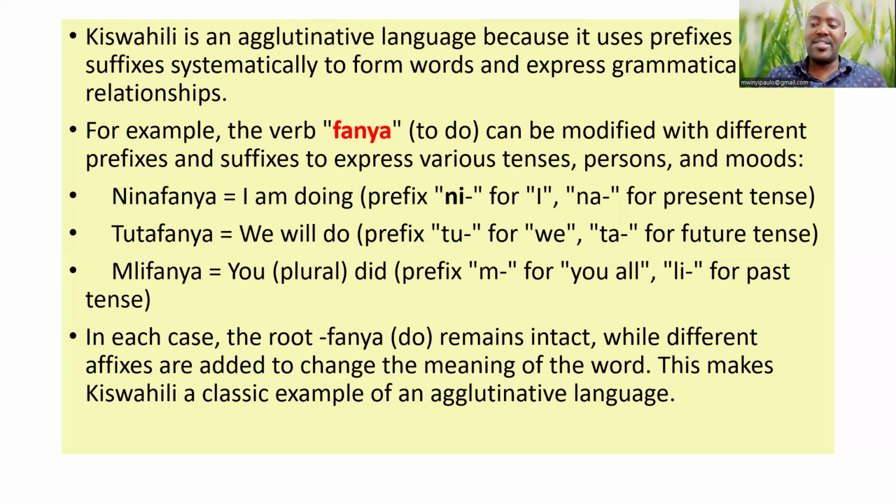Maybe for your own research, another language that is agglutinative, a good example is the Japanese language. So maybe in your own research, you can find out about the Japanese language and how they fix their infixes, prefixes, and suffixes. So I want you to note that Swahili is an agglutinative language.